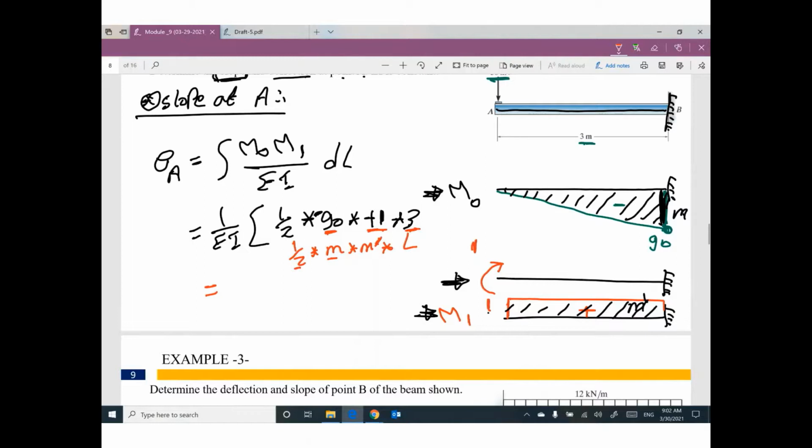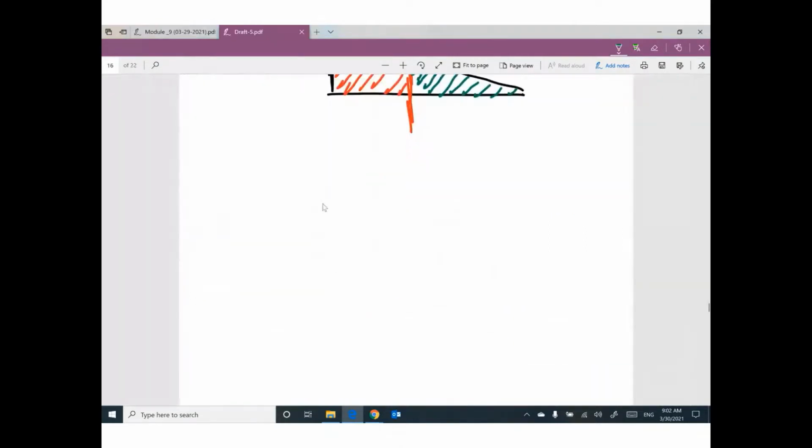The value will be negative 135 divided by EI. Here is the theta at A. That makes sense? Very easy. The next part, we are looking for deflection at A.